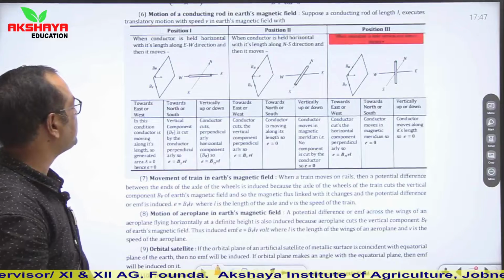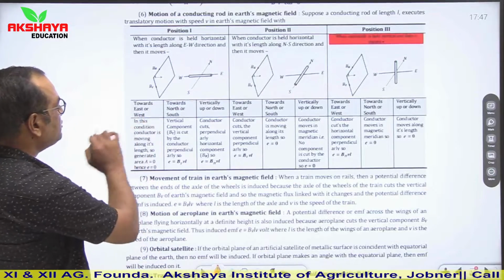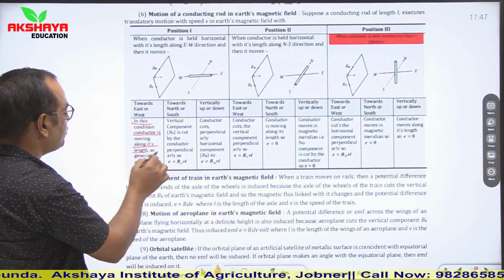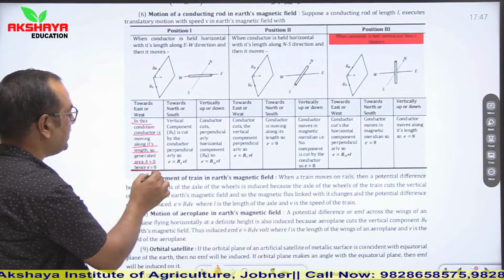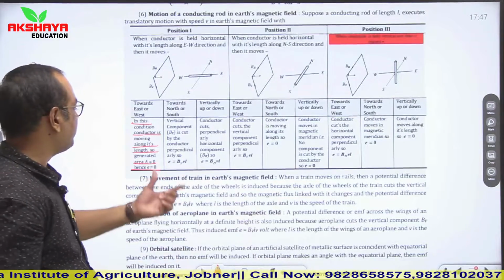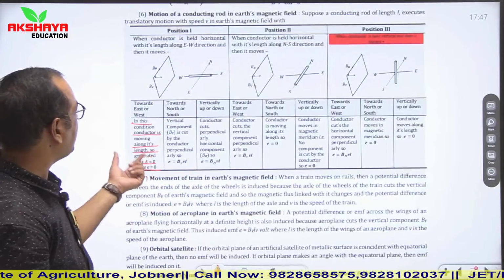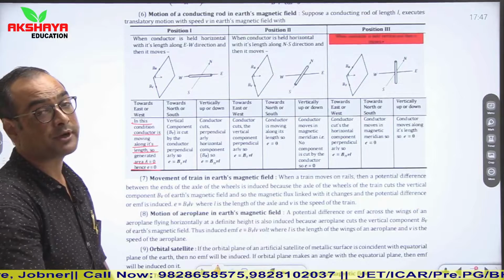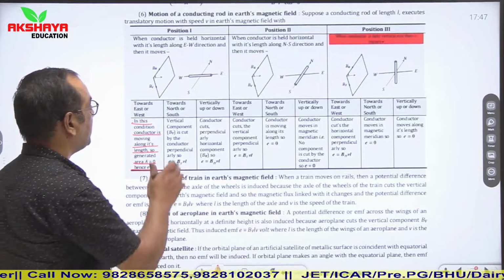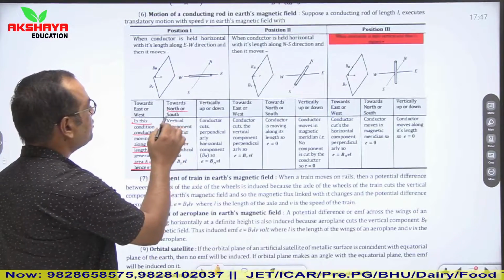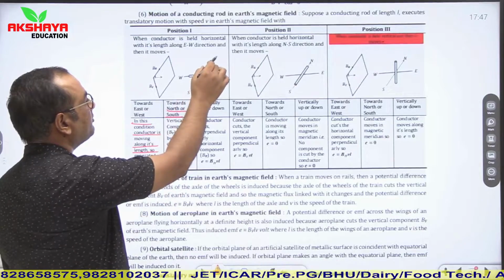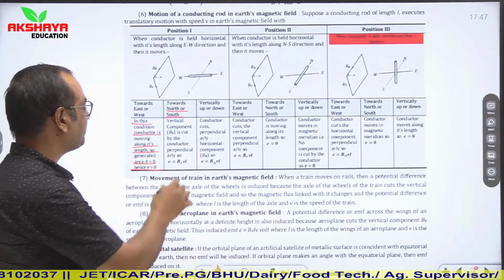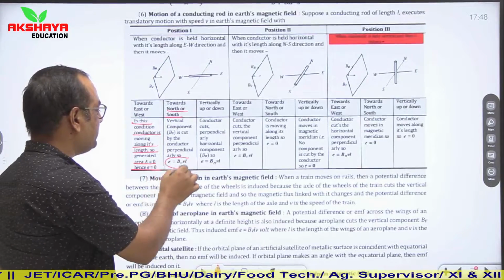In this condition, the conductor is moving along its length, so the area generated is 0, hence induced EMF is 0. If it travels in the direction along its length, there is no induction, no production of induced EMF. If it travels from north or south, then it will cut the flux and its value will be BLV.